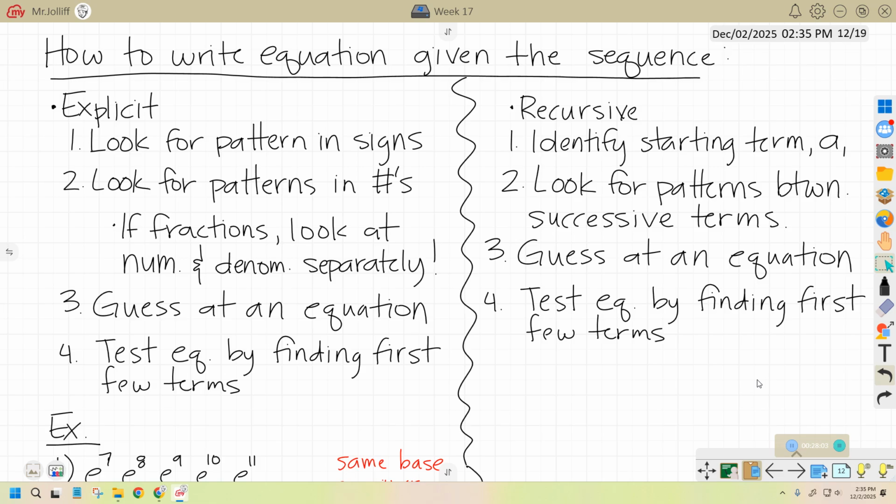So we're going to do an example here to see what it looks like for recursive formulas. So same idea, we're writing a formula, but we're writing a recursive equation and not an explicit. You want to keep that in mind.